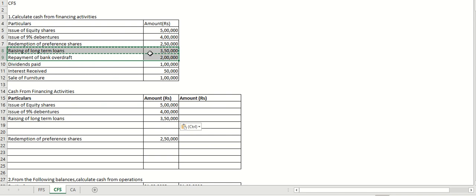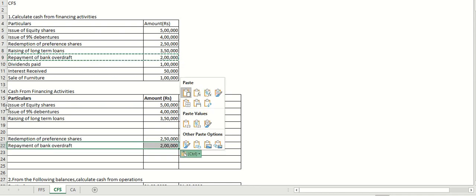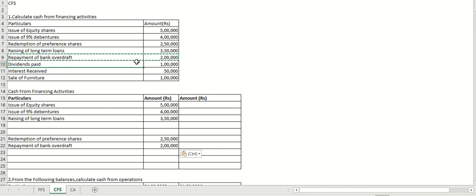Next is repayment of bank overdraft, you will minus it because it is outflow of funds. Then dividends paid, again it's outflow of funds. Then interest received, inflow of funds, you will add it. So now what is the total that we get? We get 13 lakhs as the total.